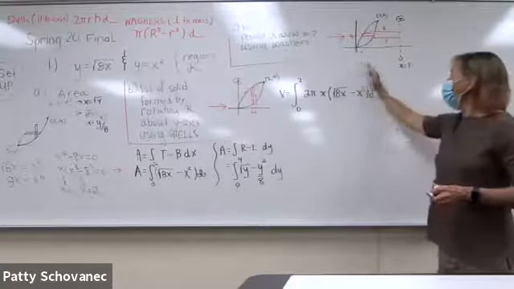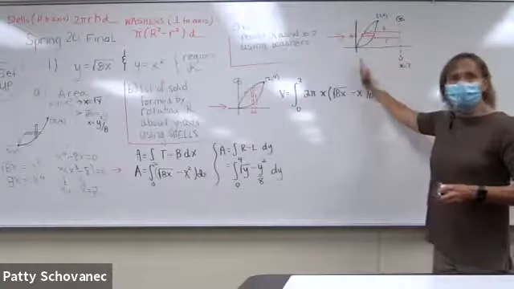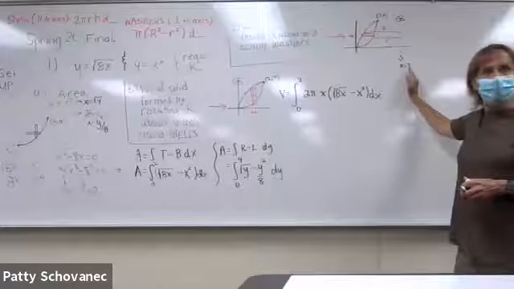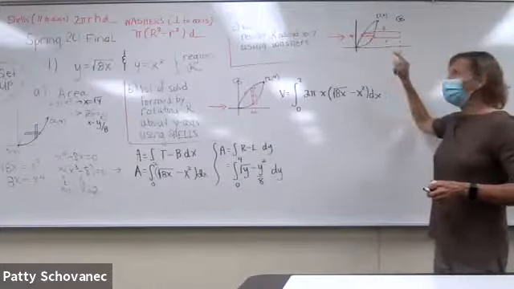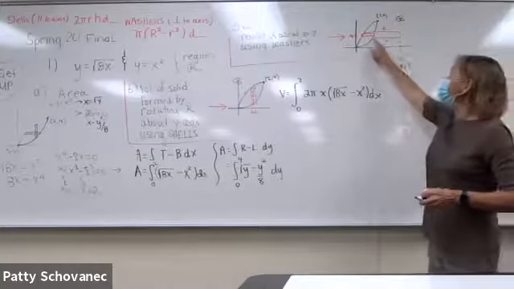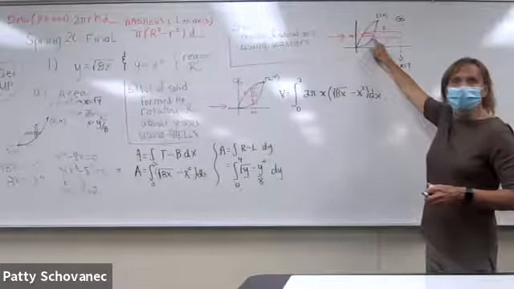So it's not quite 7 units. Each radius is shortened from the 7. This one is 7 minus the point on that graph. The inner radius is 7 minus the point on that graph.